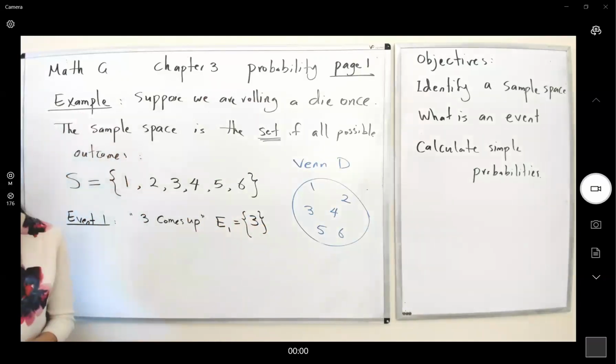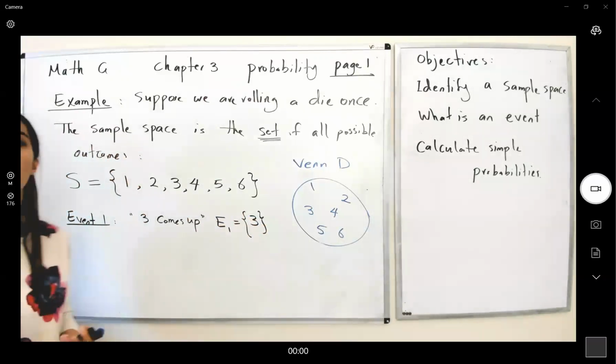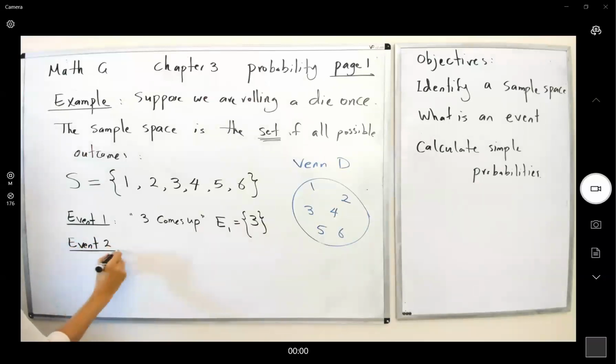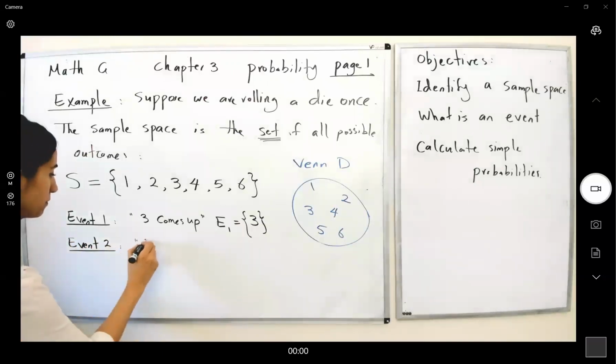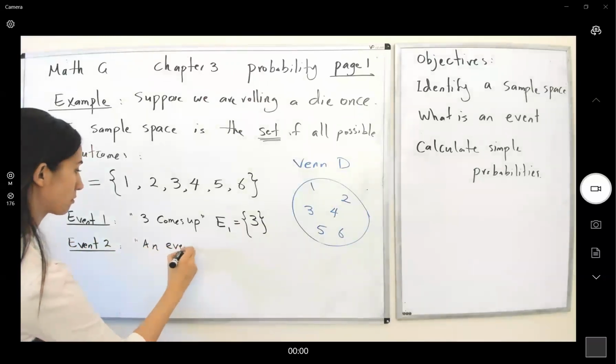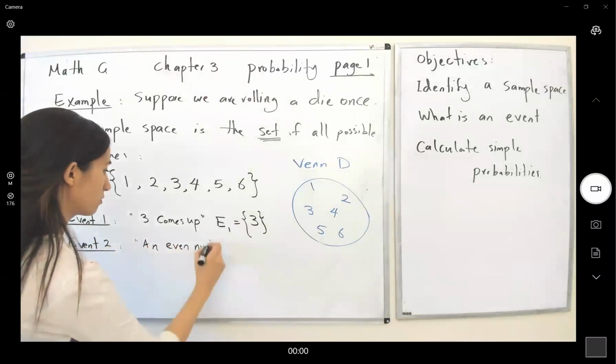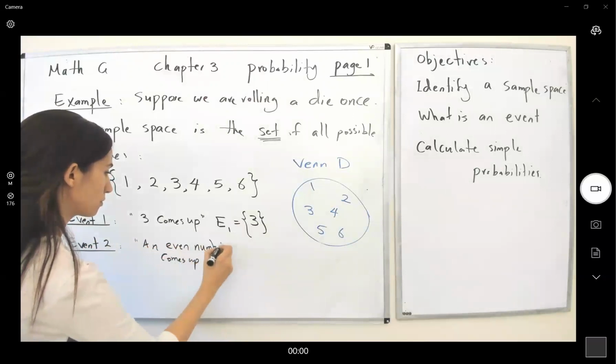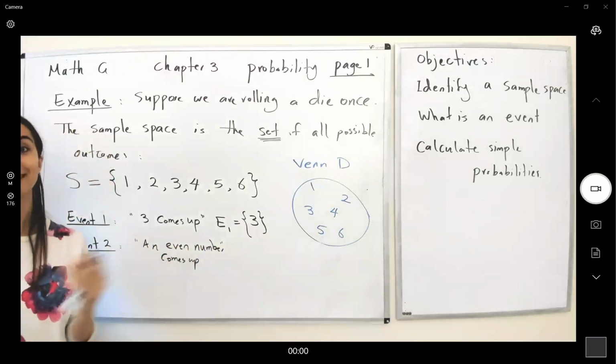The second event is an even number comes up. Event 2, an even number comes up. Very well. I have my second event.